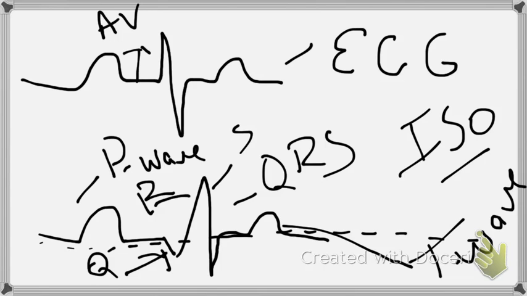Isn't that cool the way that works? You can tell a lot about the heart by knowing how to interpret that EKG. Tells you a lot of information about the heart. Questions?